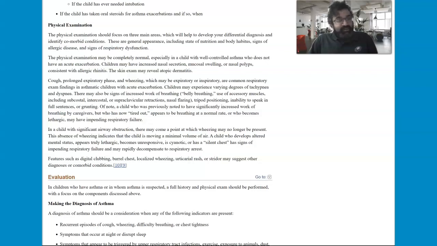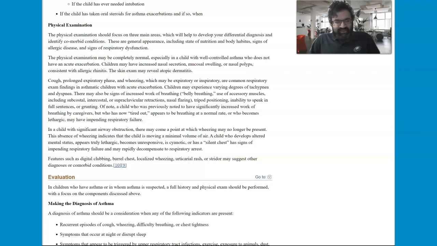Common respiratory exam findings in asthmatic children during acute exacerbation include increased work of breathing, use of accessory muscles because they can't just use the diaphragm, subcostal, intercostal, and supraclavicular retractions, nasal flaring, tripod positioning, inability to speak in full sentences, or grunting.